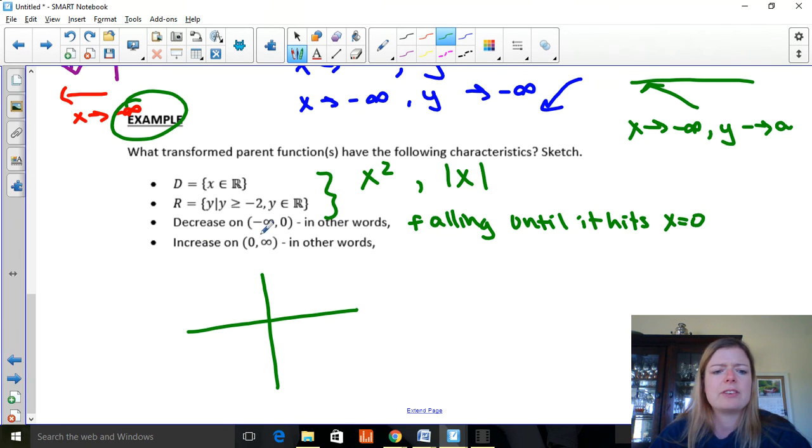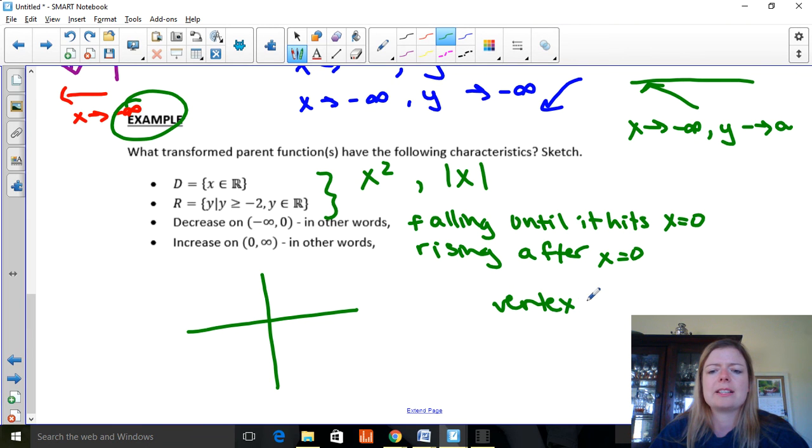And then there's an increase from 0 to infinity, so it's rising after x equals 0. Now, what would that vertex be? Let's think about that. Well, it's going to be at 0. What's the y value, though? Oh, well, let's look at the range. The range is greater than or equal to -2, so that means that vertex must be -2. So here's my (0, -2).